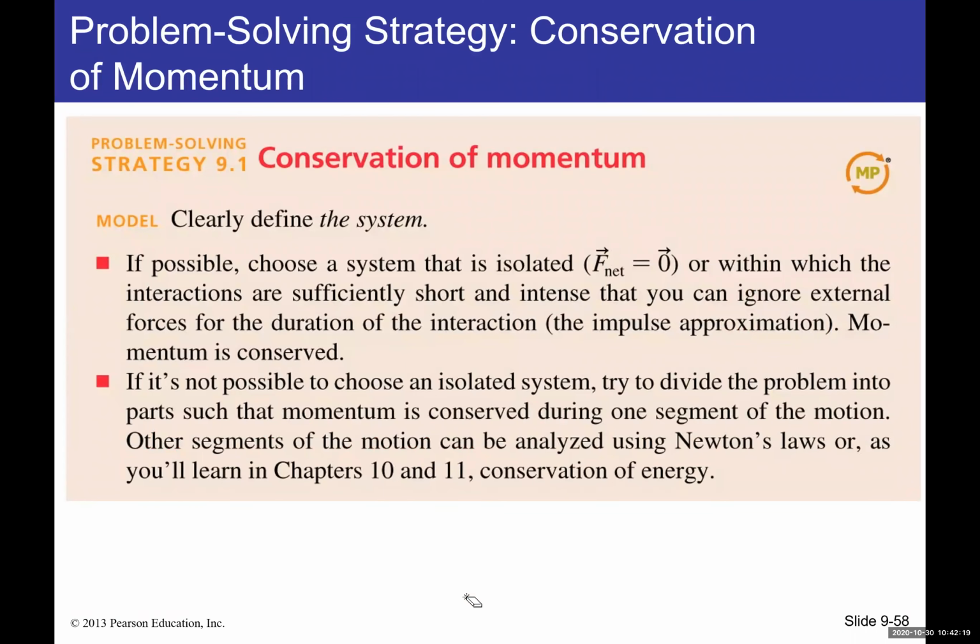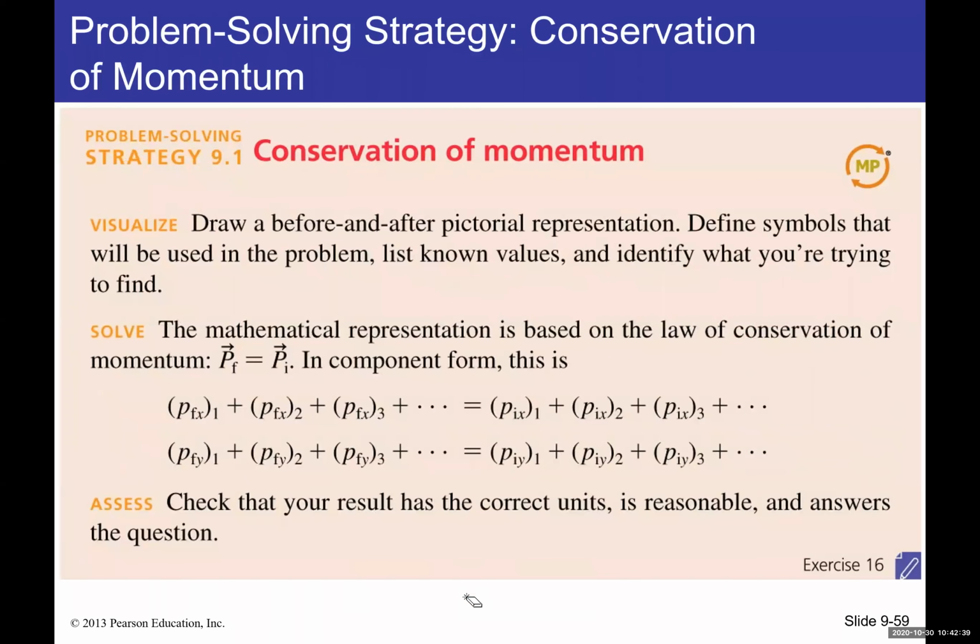Once you understand that, when you have a collision, you look at how to define a system: what objects do you have in your system, and whether there's an external force or not. Generally, when we consider collisions like that, we assume that there's conservation of momentum. We look at whether it is one-dimensional or two-dimensional.